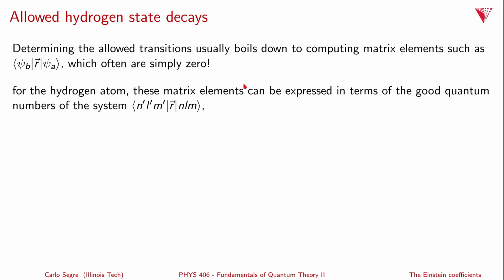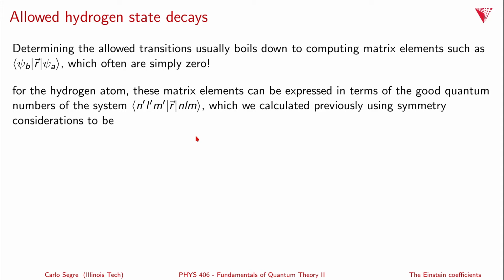For the hydrogen atom, the matrix elements can be expressed in terms of the good quantum numbers of the system before you do spin orbit coupling, and that is n, l, m. So this is the nlm basis set. And this inner product then is you have the primed quantum numbers over here and the unprimed quantum numbers, and you have r vector in the middle.